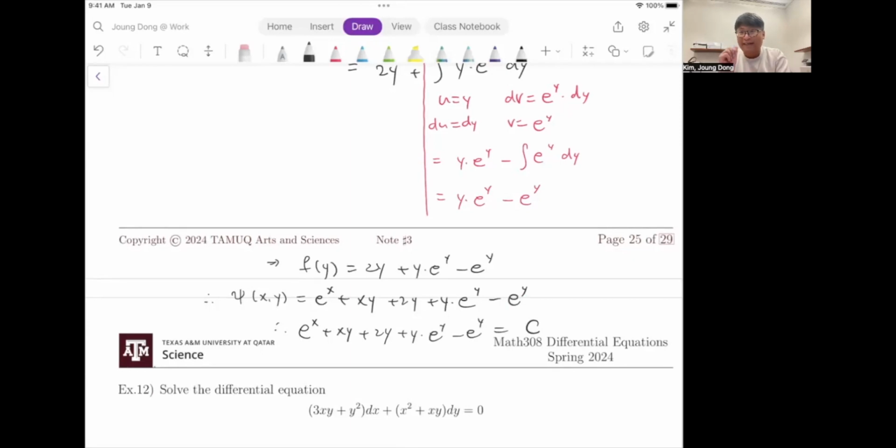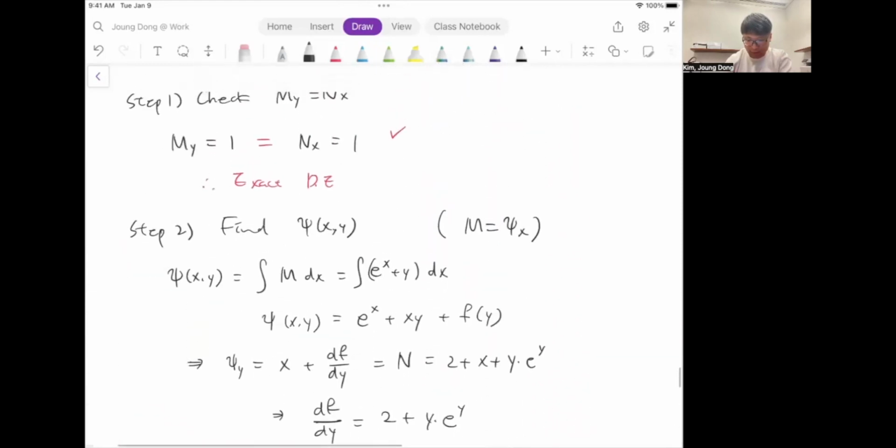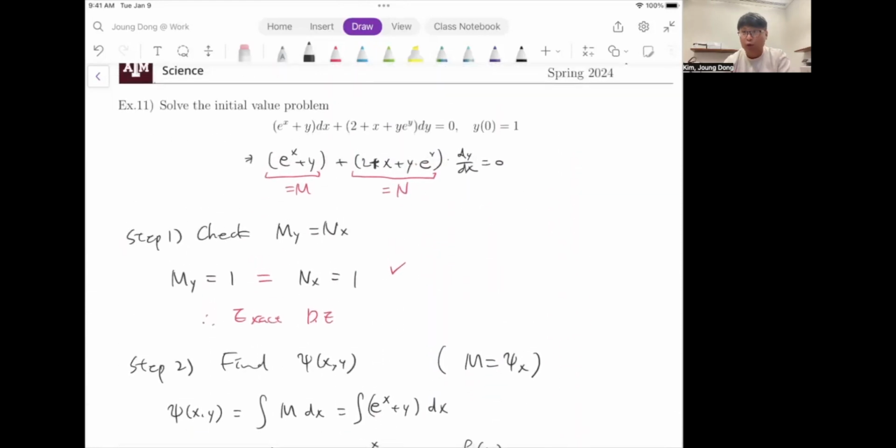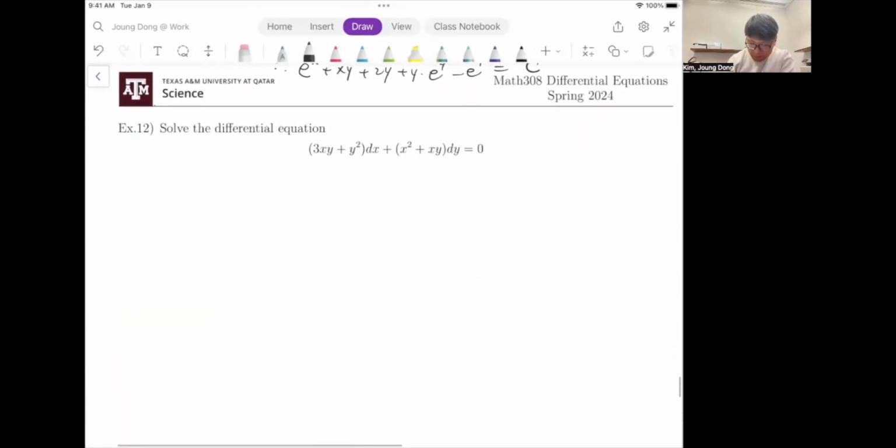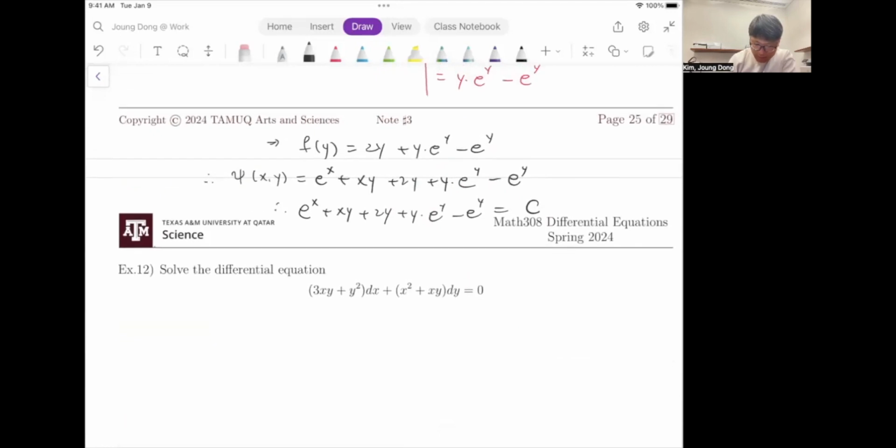But we are not done yet. This is an initial value problem. So which means, look at that. At the beginning, I said my y(0) equal to 1, right? Plug in x equals 0 and y equals 1, then you can determine your constant c, okay? Since y(0) equals 1: e^0 plus 0 times 1 plus 2 times 1 plus 1 times e^1 minus e^1 must be equal to c.